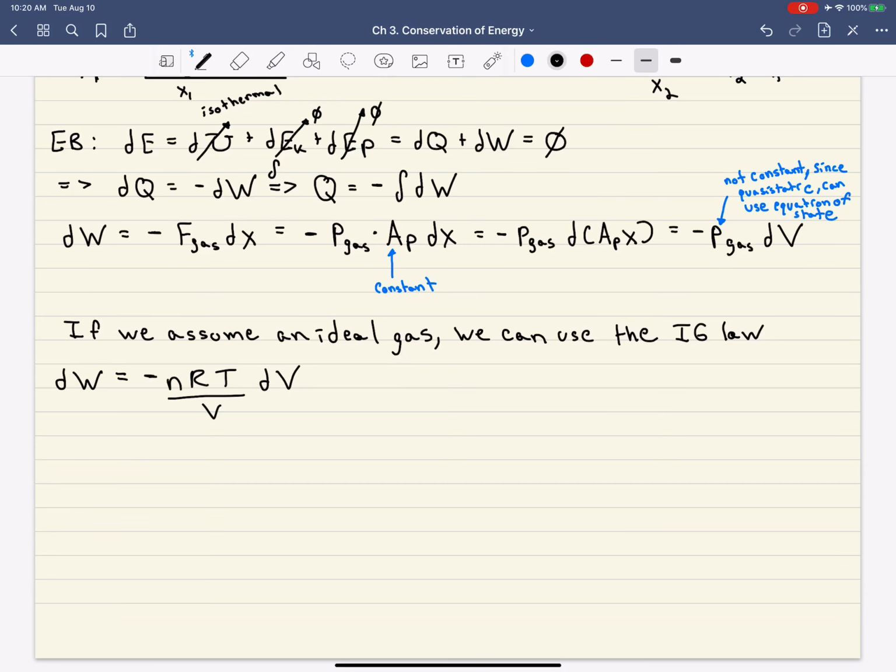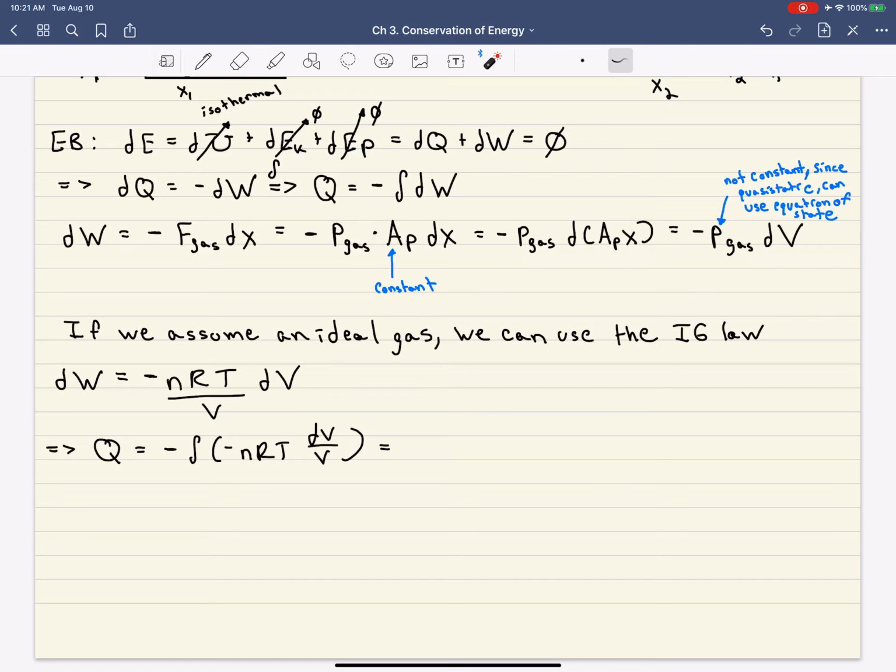And so if we go back to our energy balance equation, we have Q is equal to the negative of the integral of dW. And now that we have dW, we could plug this equation in: nRT dV over V. The negatives will cancel, so we don't have to worry about that.